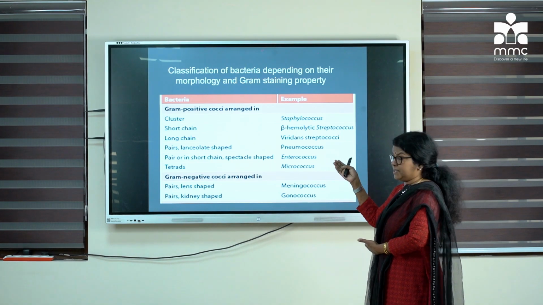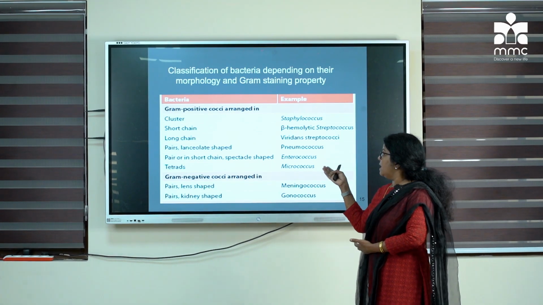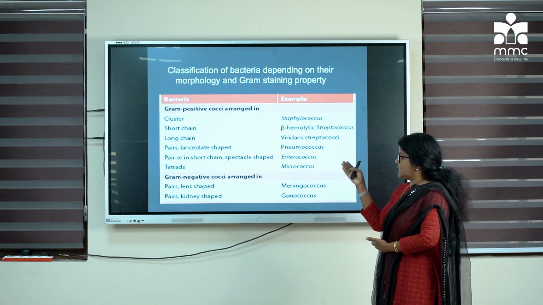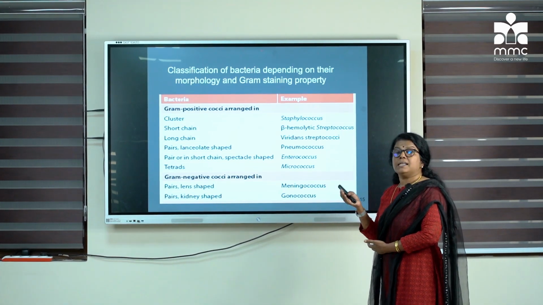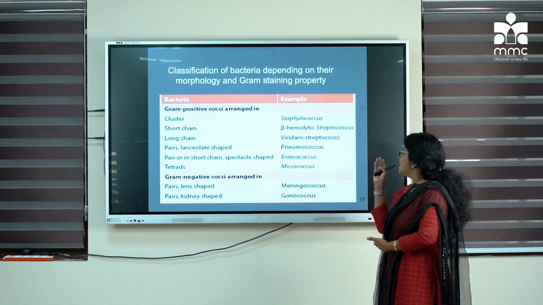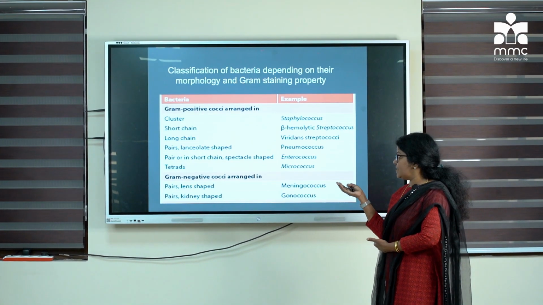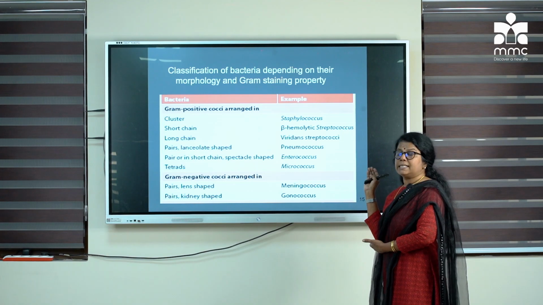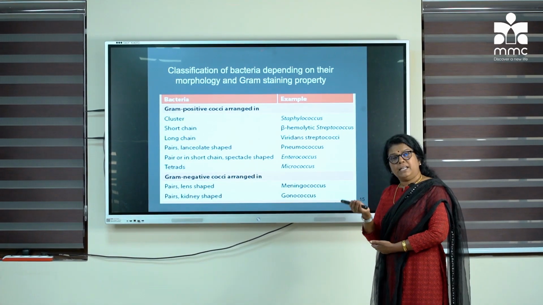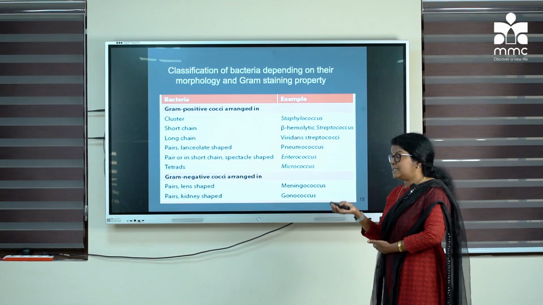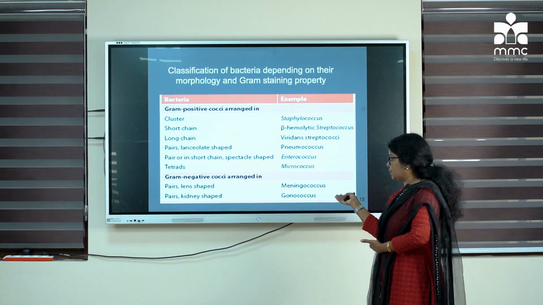First group is gram positive cocci. Gram positive cocci arranged in clusters, example Staphylococcus. Gram positive cocci arranged in short chains, example beta-hemolytic Streptococcus. Gram positive cocci in long chains, again Streptococcus, virulent Streptococcus.